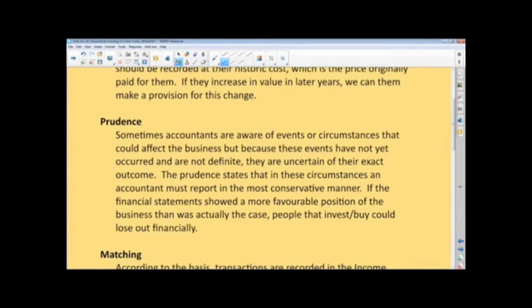Prudence states that in these circumstances, an accountant must report in the most, and that's the very important word there, conservative manner. If the financial statement showed a more favorable position of the business than was actually the case, and this we don't want, people that invest or buy could lose out financially. So hopefully you understand what we read.